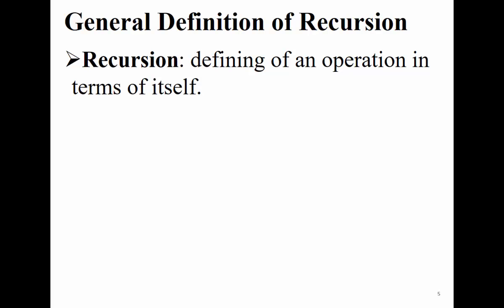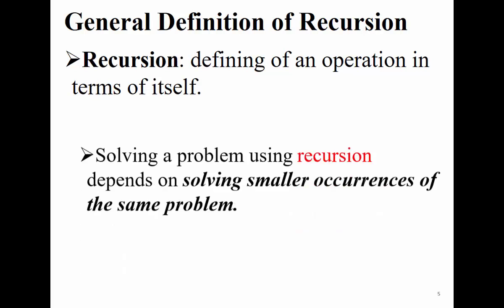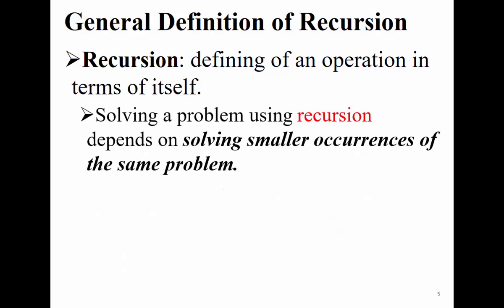If we need to define recursion, we define it as an operation in terms of itself. Or you can say solving a problem using recursion depends on solving a smaller occurrence of the same problem. So you have the same problem, a smaller version of it.